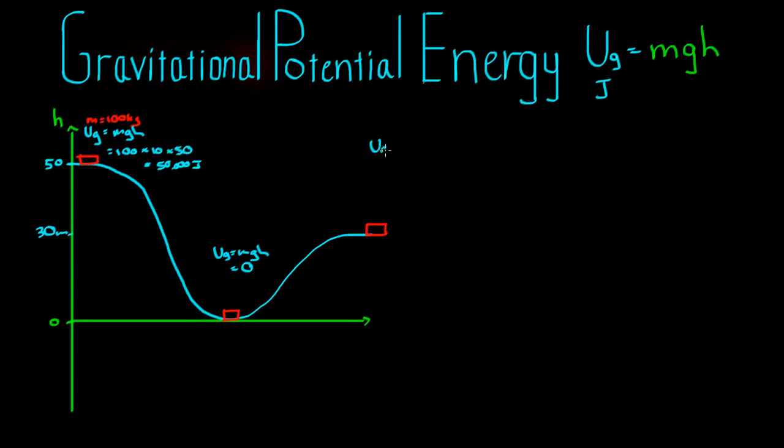And over here on the right, UG equals mgh, which equals 100 times 10 times 30, which equals 30,000. So say this roller coaster had a cart which started from rest, V equals 0.